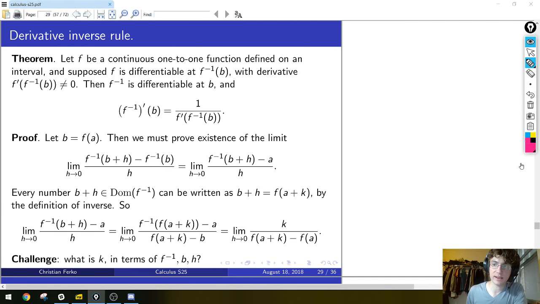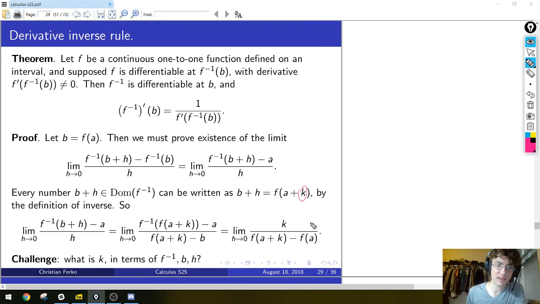Now again, I said this a moment ago, but I'll repeat it. Every number in the domain of the inverse function can be written as f applied to some number in the domain of the function itself. Or sorry, it's in the range of the function, so that means it's f applied to something in the domain of the function. So we're going to define a number k with the property that b plus h, which is in the domain of the inverse, is f applied to a plus k.